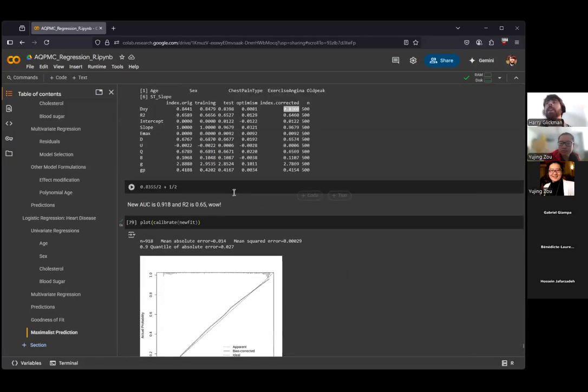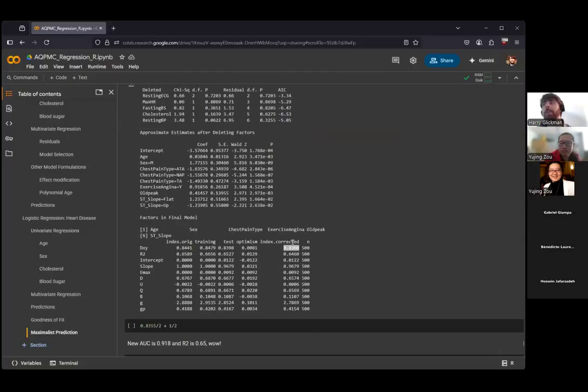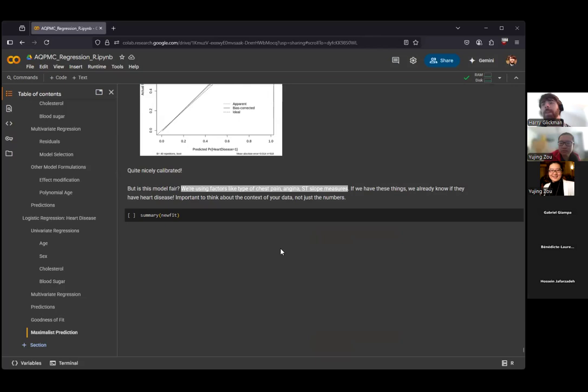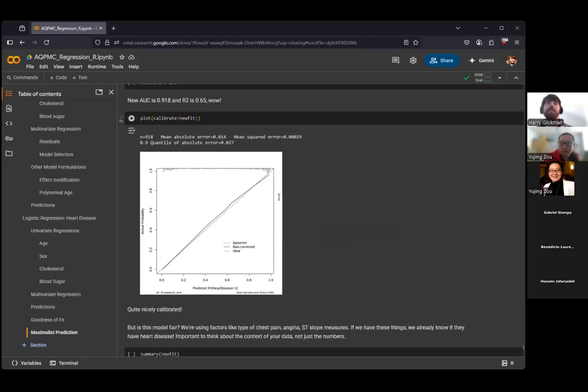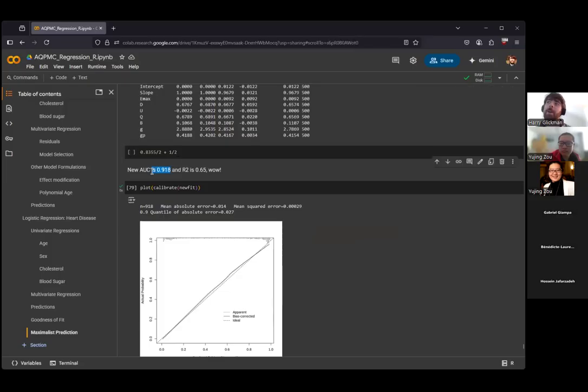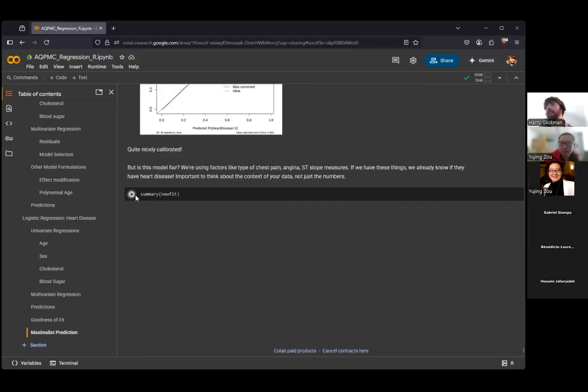Because this model, even though after internal validation we're getting this very nice performance, is not a useful model. Because if we have this data, we already know whether they have heart disease. So think about the context of your data. Don't just blindly apply these models and then think it matters what your output is, or especially don't concentrate on just, oh, our AUC is so good, this must be a great model. Think about the usefulness of what's actually going on.